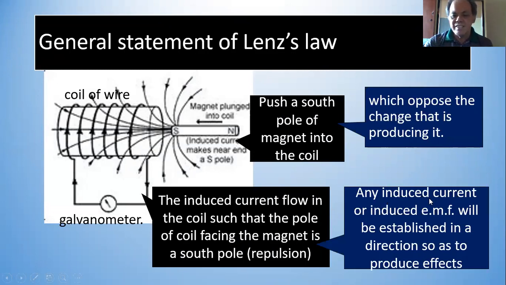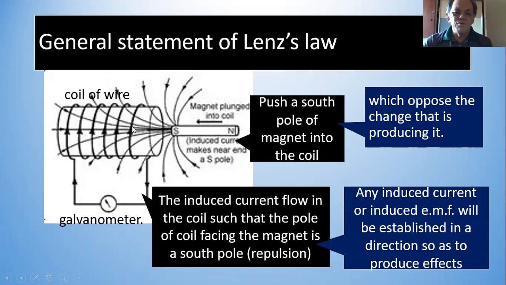The induced current or EMF will be established in a direction so as to produce an effect. That means as we push it in, the current will flow, or the EMF. Where there's a current, there must be an EMF. We call that induced EMF.